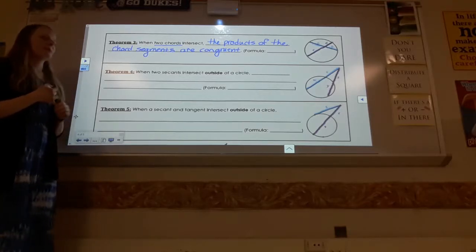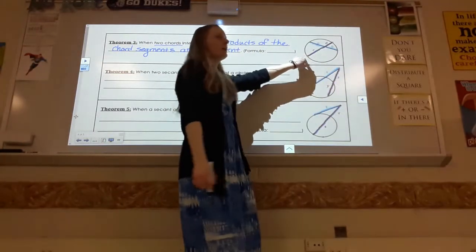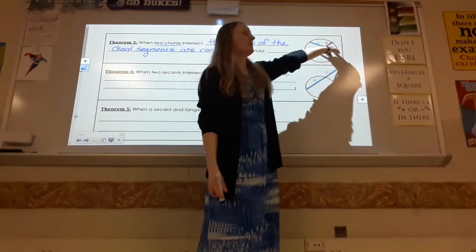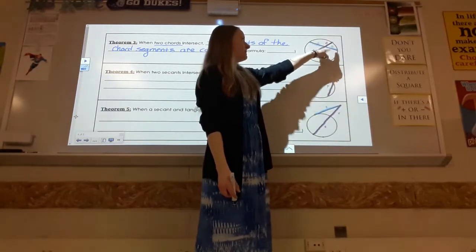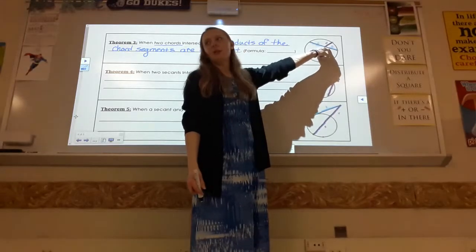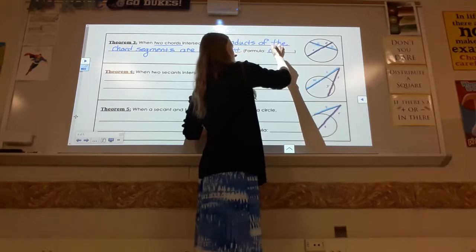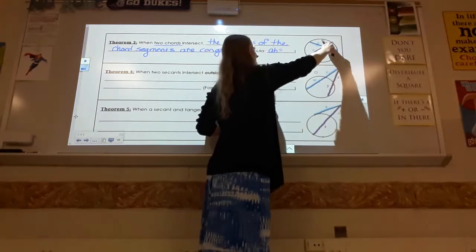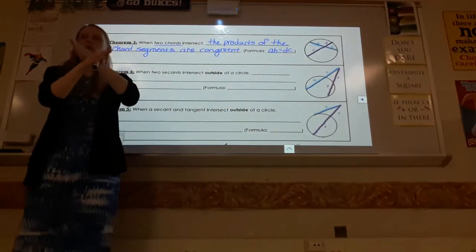Now, what this means, and I've drawn this little picture, I have a blue chord and I have a purple chord. What this is saying is that the two segments of the purple chord, if you multiply those together, will be the same as the two segments of the blue chord multiplied together. So essentially the formula would be A times B is equal to D times C. You chopped up the chord into pieces.